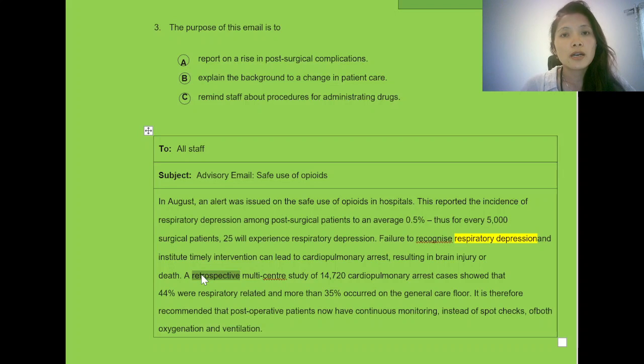Retrospective is a previous study, an old study combining many studies, so it is combined from many years back. That is called a retrospective multi-center study. It's not necessary as well, but you can take the idea. Then 44% are respiratory related and more than 35% occur in the general floor.